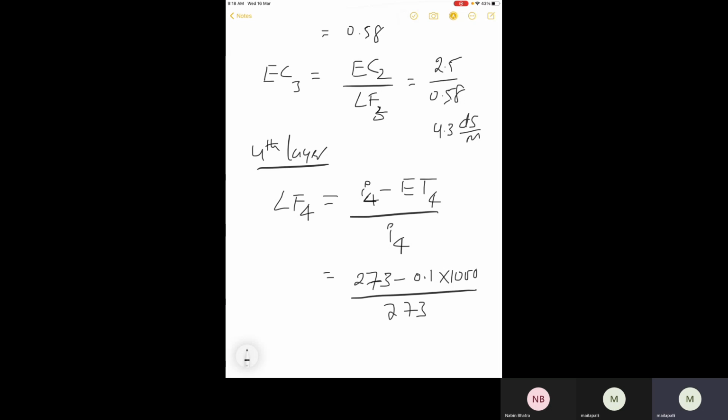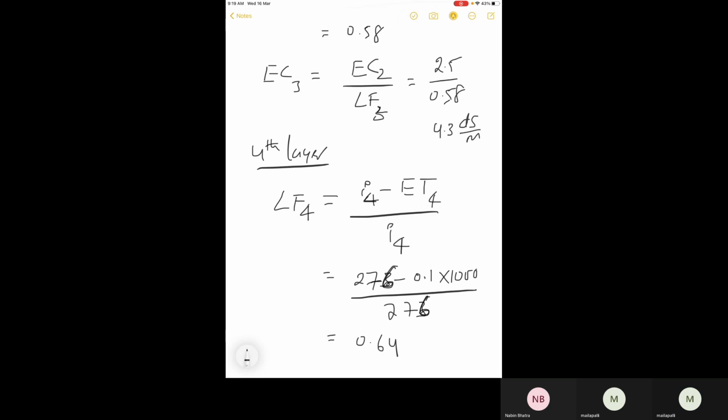This I4 is I3 minus ET3, which we found earlier. So this is 276. All right. So this will be 0.64.